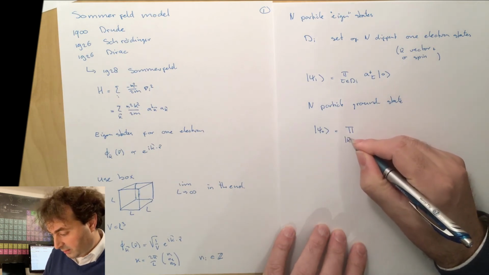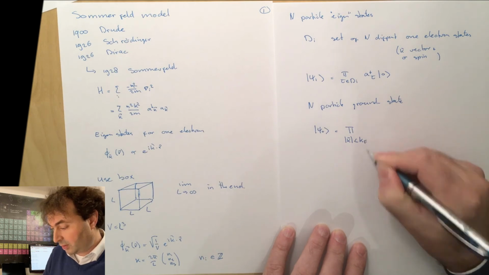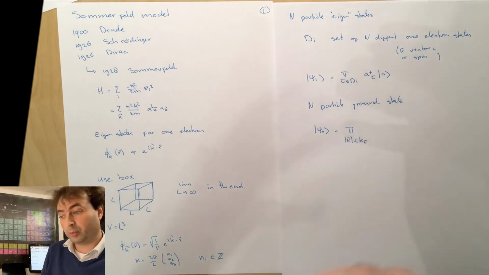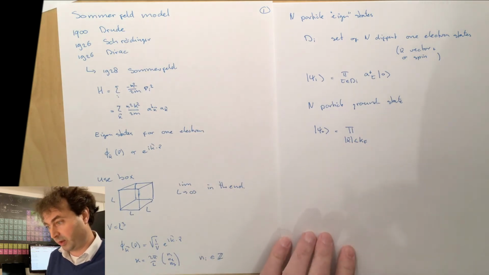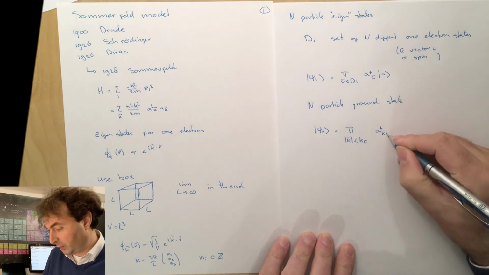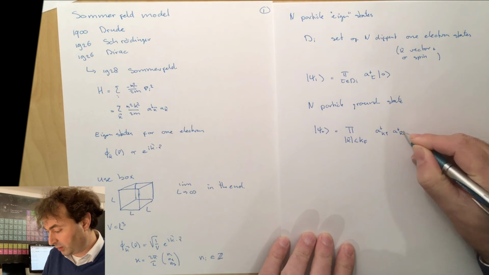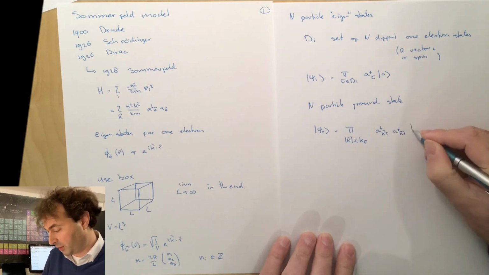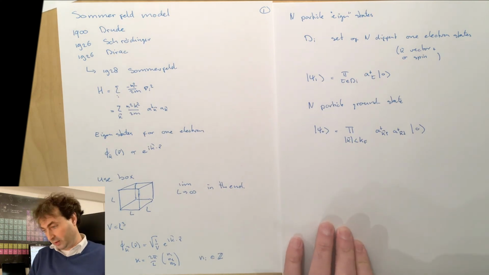So we take the states with the smallest wave vectors. So we define some wave vector, and all states with a wave vector smaller than that wave vector are occupied. All states with a wave vector larger than that wave vector are empty, and we of course have to fill both spin up and spin down electrons. So that will be our ground state.